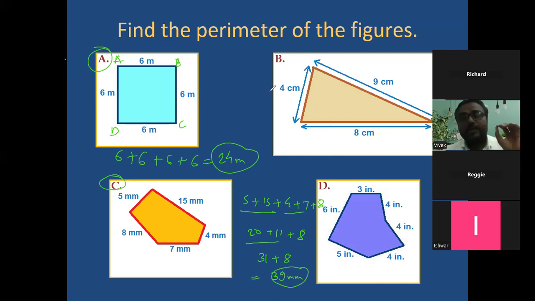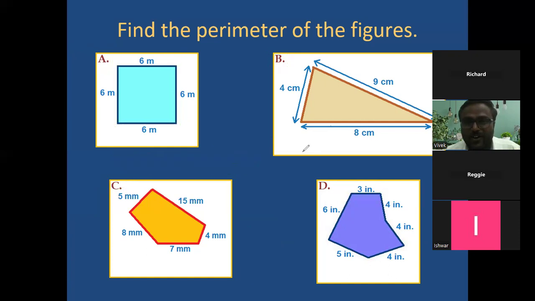Now, can you guys please try to solve the perimeter of shape B and put the answer in the chat box? Go ahead, guys. Come on, you need to solve it because math is all about solving. Shape B, perimeter of shape B. Do I have any answers in the chat box? Oh, I have an answer. Reggie, 21.